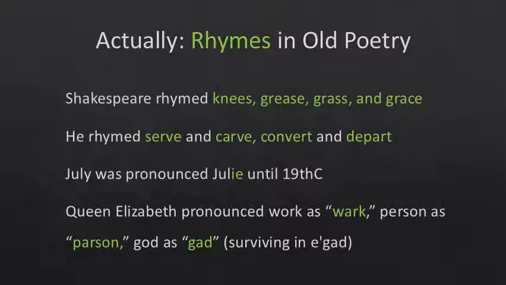This is also, by the way, how we know that July was pronounced Julie, like the girl's name, until about 100 years ago. Queen Elizabeth would have pronounced, back in Shakespeare's time, work as wark, person as parson, and God as Gad, like egad, Eliza Doolittle. Rhymes tell us how words used to be pronounced.